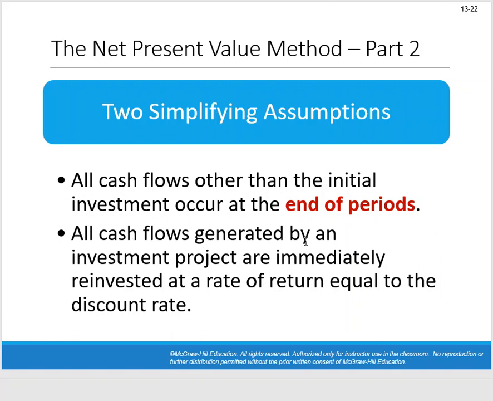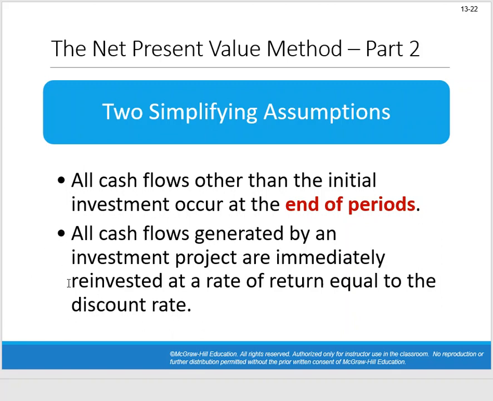Second, all cash flows generated by the investment project are immediately reinvested at a rate of return equal to the discount rate. That one's a little bit tricky. I can accept that we have to pick a date, and we're going to pick the end of the period as our date. So that's the first assumption.